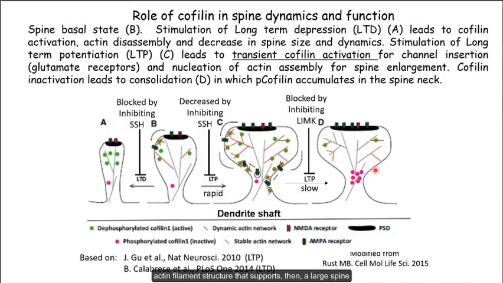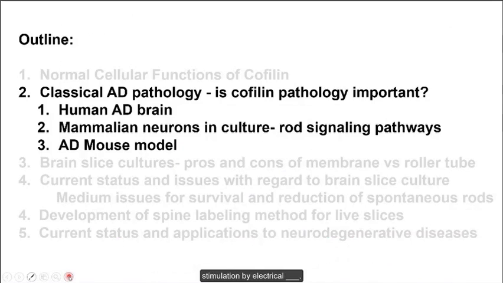You get a very stabilized actin filament structure that supports a large spine area and makes more synaptic contacts with the presynaptic terminus, and this gives you what's called long-term potentiation, enhanced stimulation by electrical release.